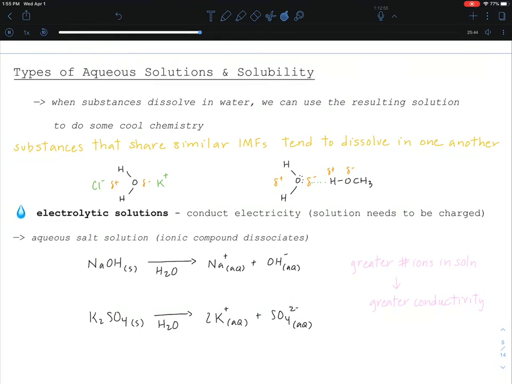So for every 1 mole of sodium hydroxide, I theoretically will generate 2 moles of ions. For every 1 mole of potassium sulfate, theoretically, if it dissociates completely, I generate 3 moles of ions in solution. The more ions you have in solution, the greater the conductivity. So the greater number of ions will give you greater conductivity.